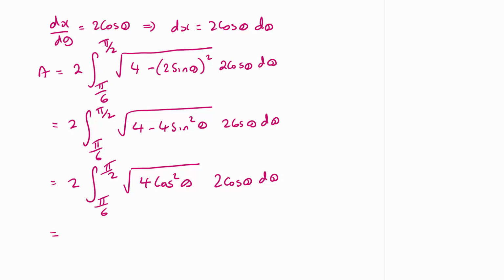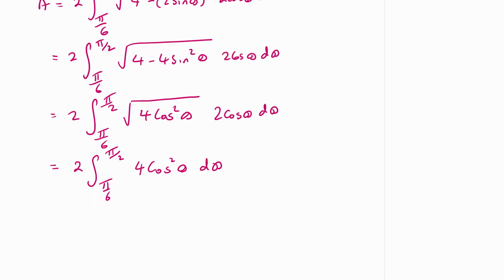The square root of 4 cos²θ is, of course, 2 cos θ. So we've got twice the integral from π/6 to π/2 of 2 cos θ times 2 cos θ, which is 4 cos²θ dθ. And so we could write that as 8 times the integral from π/6 to π/2 of cos²θ dθ.